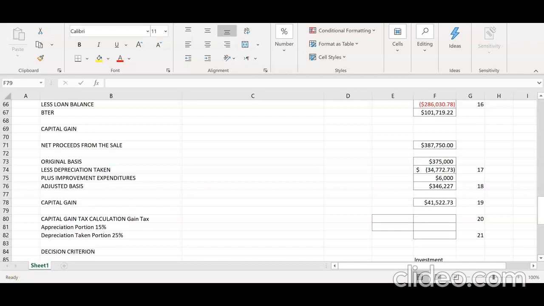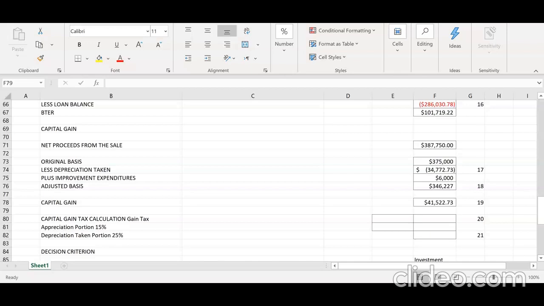The next step is going to be to calculate the capital gain tax. I started by separating the two portions, the appreciation and the depreciation taken portion. The depreciation taken portion is as calculated previously, so to get the tax on it, I multiplied by the depreciation taken rate of 25% as given under the assumptions.